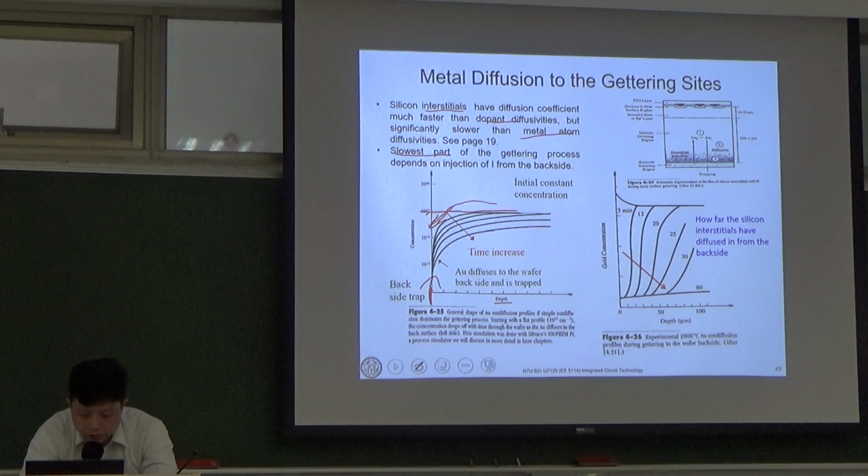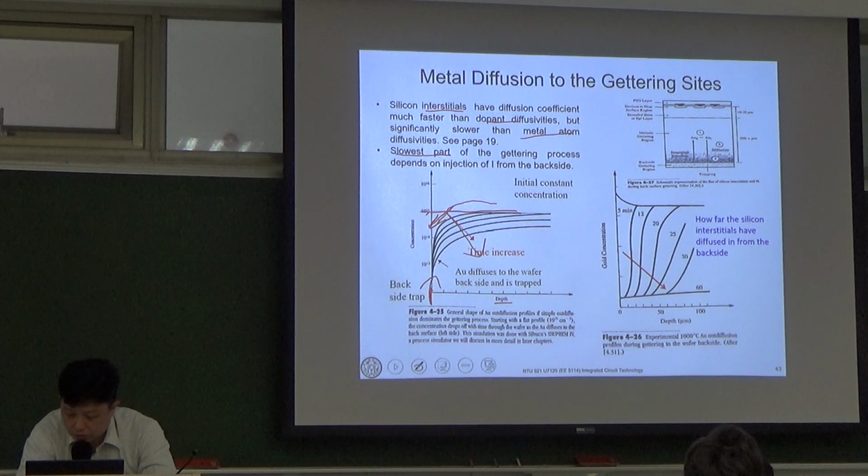On the right-hand side here, you do the experiment at 1000 degrees C, and you see this gold out-diffusion profile during this gathering process.